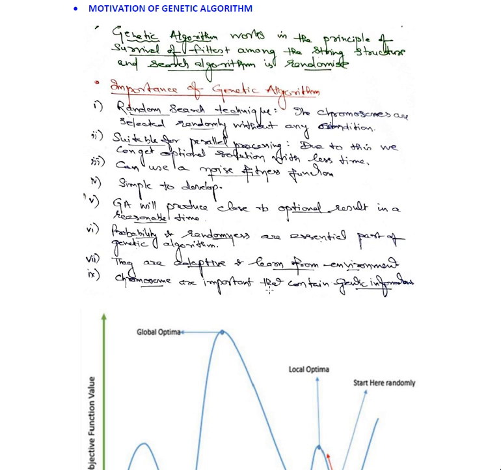Chromosomes are important as they contain the genetic information. As I have already stated, a chromosome in the case of the genetic algorithm is one such solution for any problem based on the genetic algorithm's attributes.